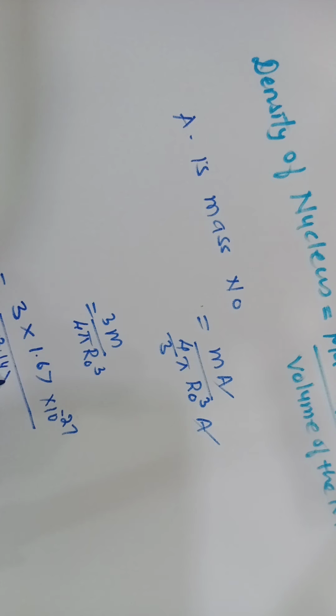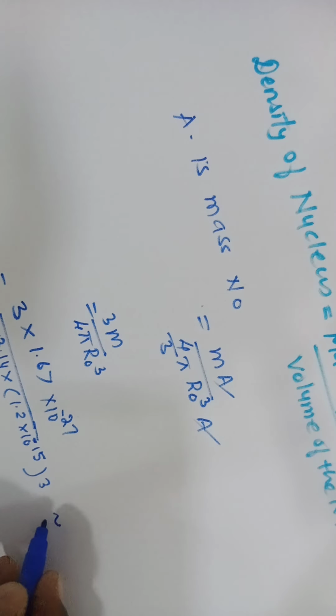4 into 3.14 into R0, 1.2 into 10 to the power minus 15, the whole cube. So when we put this in, approximately how much will it come to?